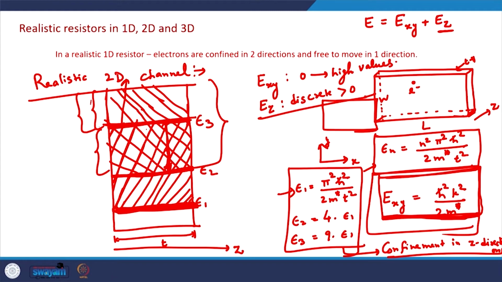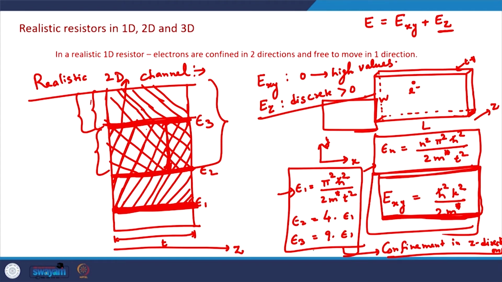So, electrons might have a subband at epsilon 1, another subband at epsilon 2, another subband at epsilon 3, and some of these subbands may be overlapping with each other if these energies are not far apart from each other.